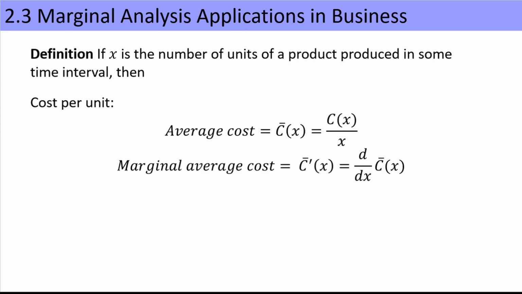Definitions. If x is the number of units of a product produced in some time interval, then the cost per unit, or average cost, is written as C bar of x, and it is defined as C of x divided by x. That is, take the cost function and divide it by x. The marginal average cost, denoted C bar prime of x, is the derivative of the average cost function.